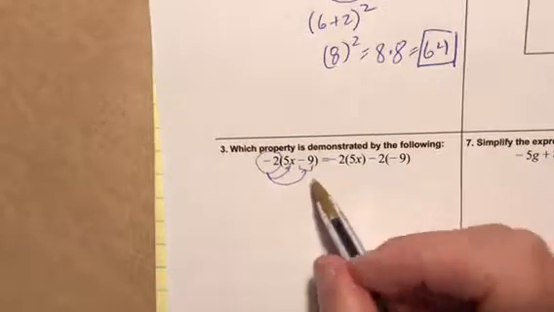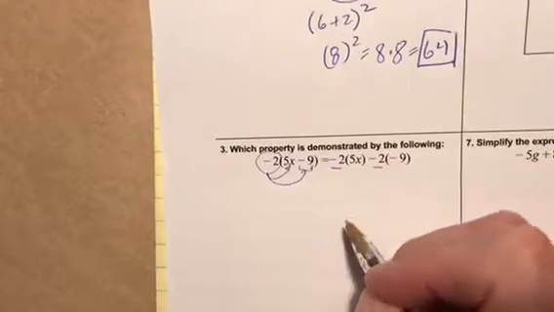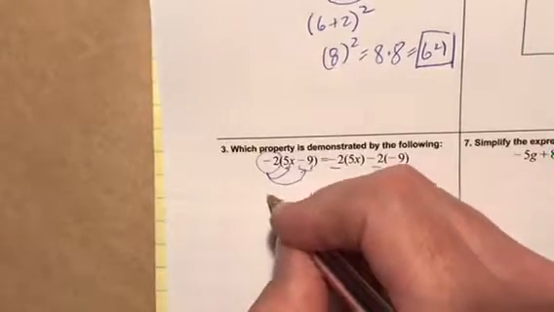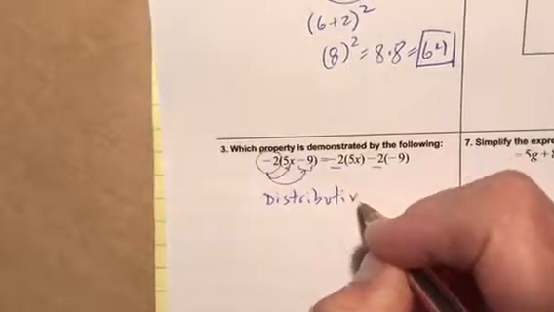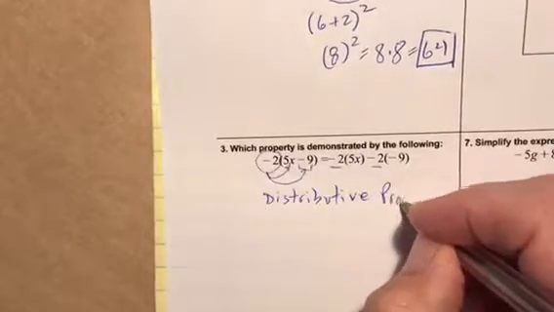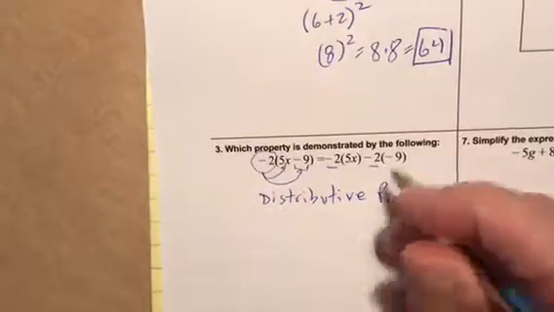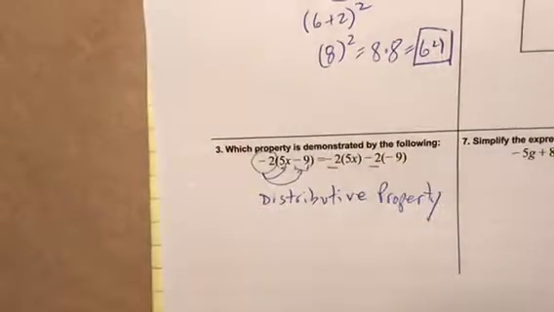There's my negative 2, there's my negative 2. I'm multiplying by each term. This is a demonstration of the distributive property. So which property is used? The distributive property, and it's going to be key in a lot of situations. So there are the first 3 problems.